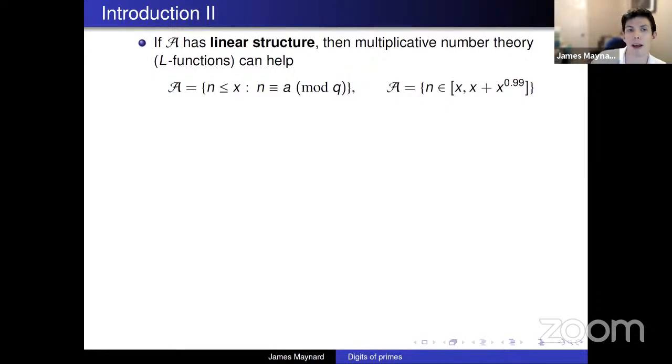And roughly, if your set of integers has some linear structure to it, then there's fairly well-developed techniques from multiplicative number theory and the theory of L functions that can help you try and count the number of primes in this set. So examples here might be the number of integers up to x, or the number of integers up to x in an arithmetic progression mod q, or the number of integers in some short interval.